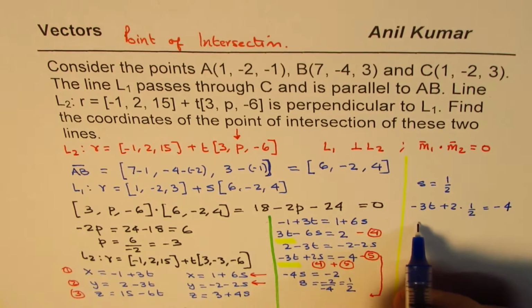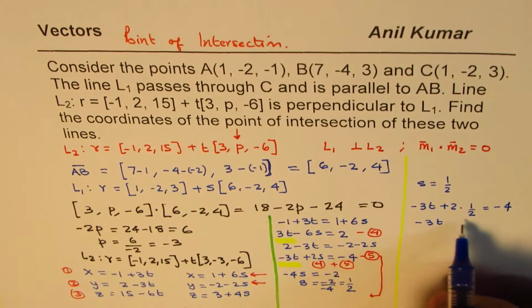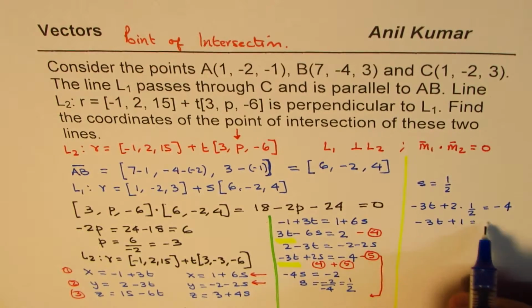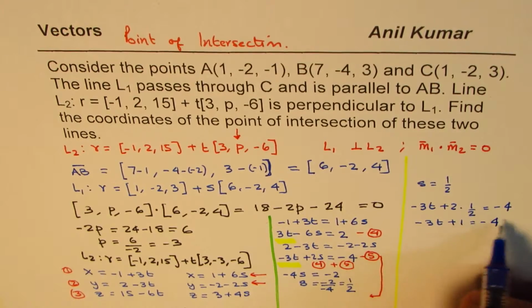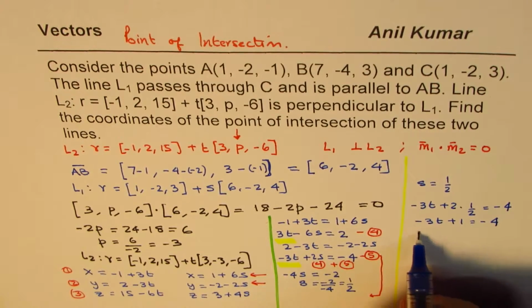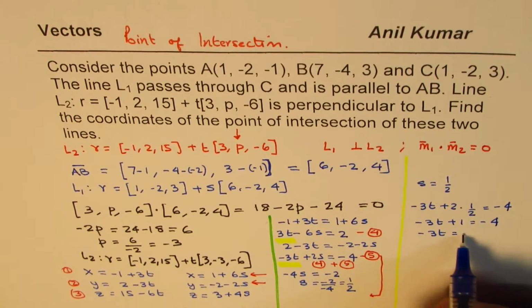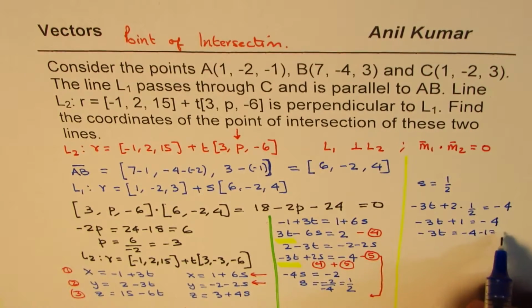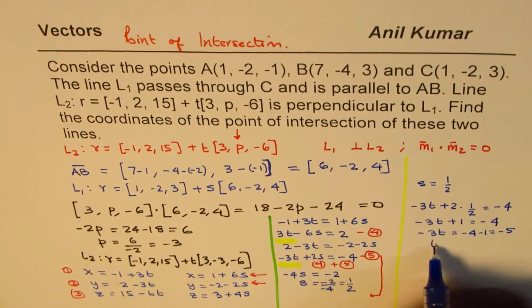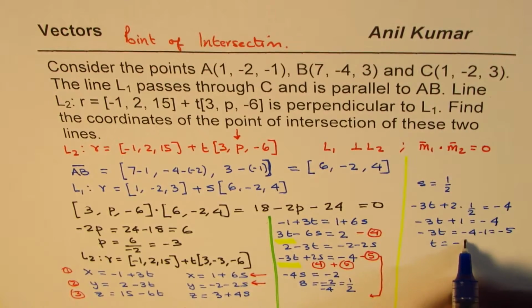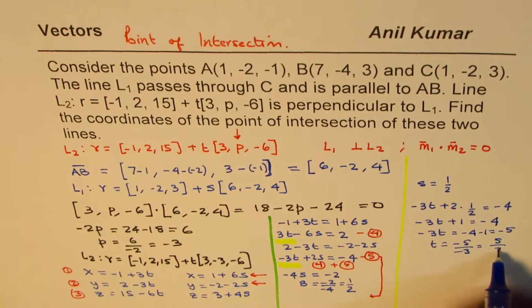So that gives us minus 3t, and this is 1, plus 1 equals minus 4. Taking this to the other side, we get minus 3t equals minus 4 minus 1, which is minus 5, or t equals minus 5 over minus 3, and that is 5 over 3.